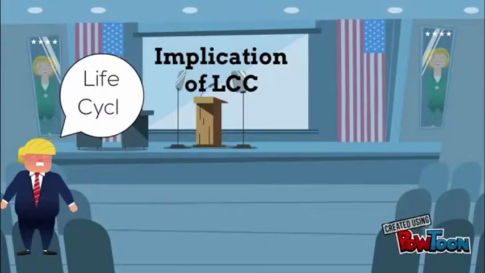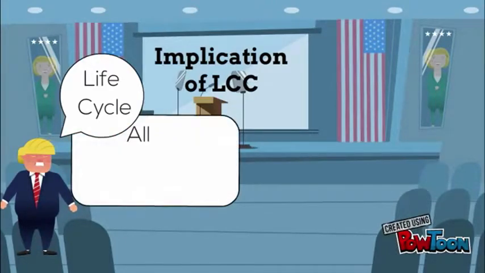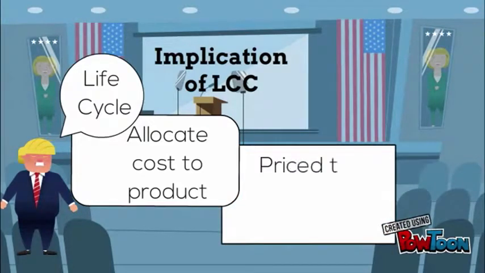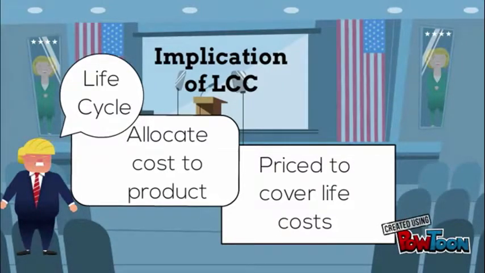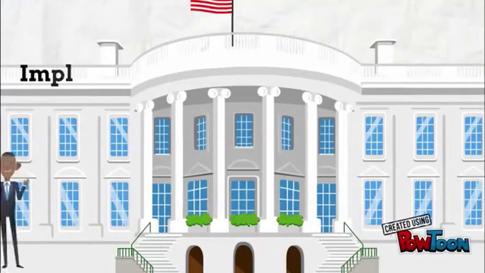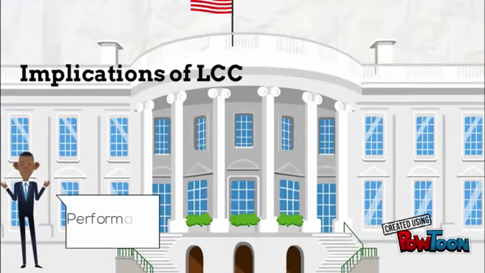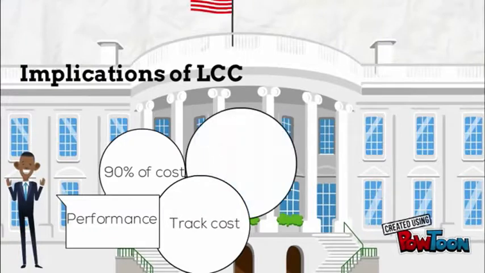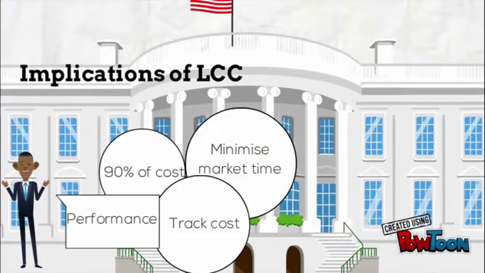Under life cycle costing, rather than allocate the cost to a period of time, we allocate the cost to the product over its life cycle. The product is then priced to cover the life cycle cost, and we can use that data to determine whether it's covering those costs or not. Also, when it comes to performance within the business, life cycle costing enables the business to recognize the fact that up to 90% of their costs will be in the research and development phase.